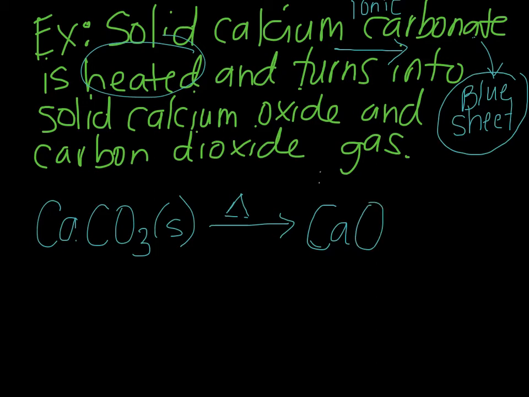And calcium has a +2, oxygen has a -2, so another easy formula to figure out, a 2 and a 2 reduced down to a 1 to 1. It says that it's solid, and so we're just going to write S after that. And then carbon dioxide gas, so CO2 with gas after it. And that's as easy as it is.